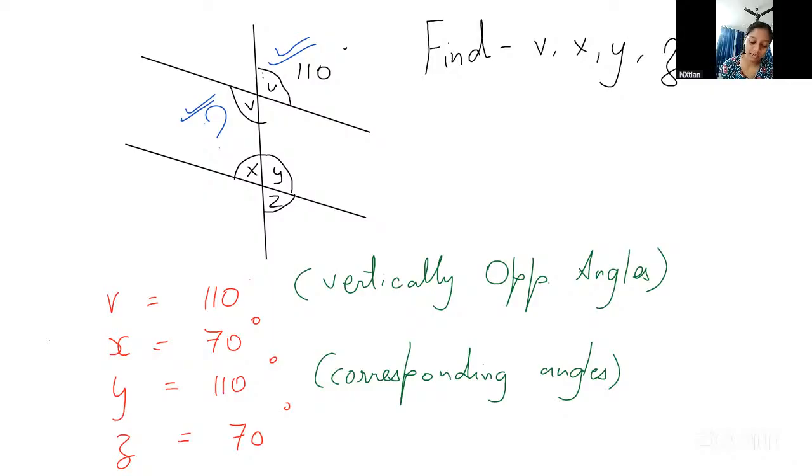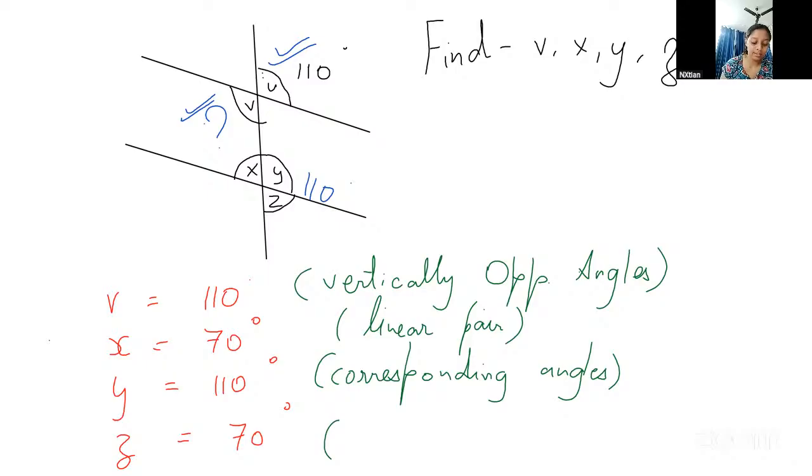See, now here X can also be a linear pair with Y. Y is 110, so X is 180 minus 110, so 70 degrees, because X and Y make a linear pair. So it is also because of linear pair. Or you can also write supplementary angles.